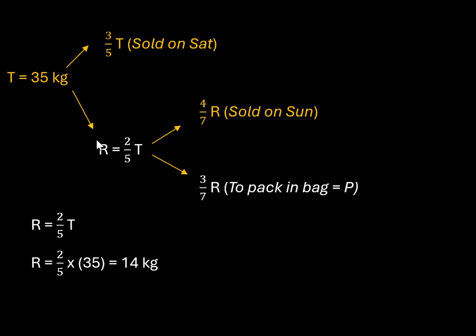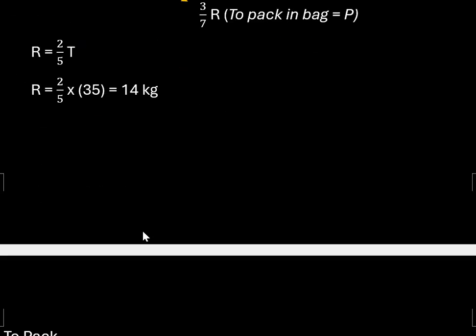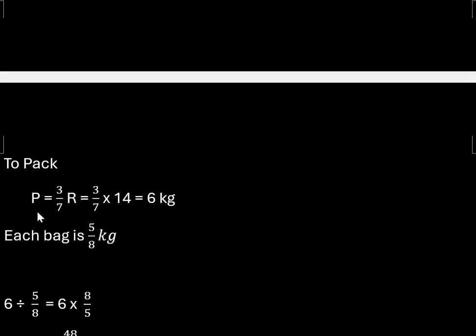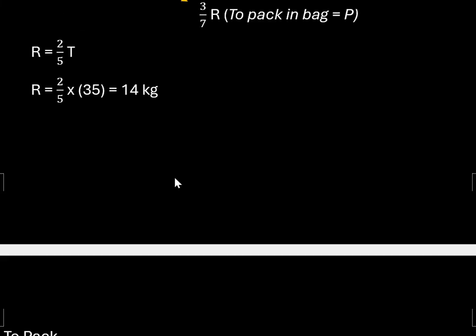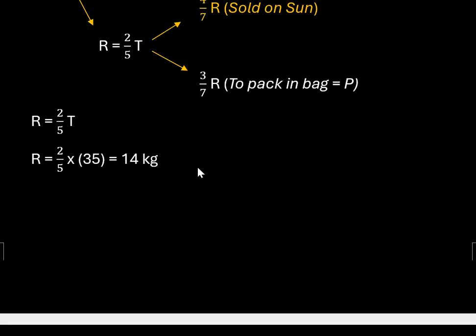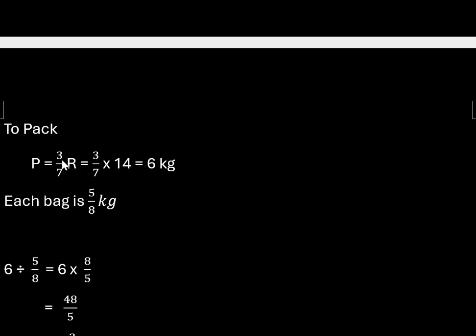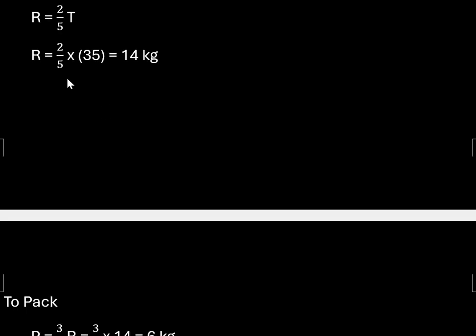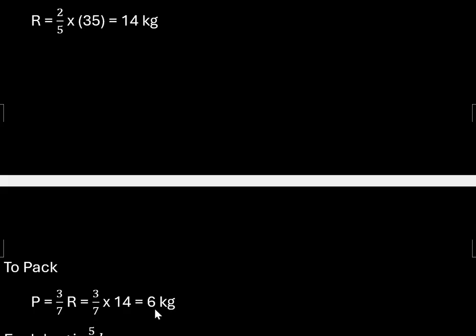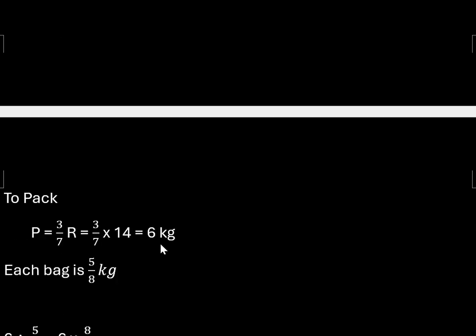So you know that the number here is 14. And whatever is left to pack in the bag is actually 3/7 of R. I just represent it by P, so P is equal to 3/7 R. And if you multiply 3/7 times 14, because remember we already found that R is 14 kg, then what we have is actually 6 kg.